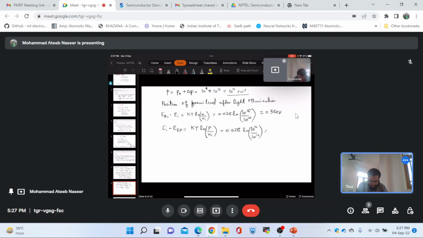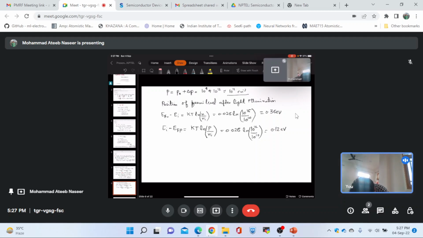Let me solve this. It will come out to be equal to 0.12 electron volt.